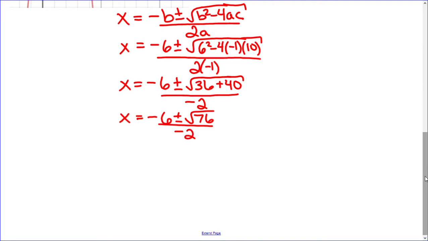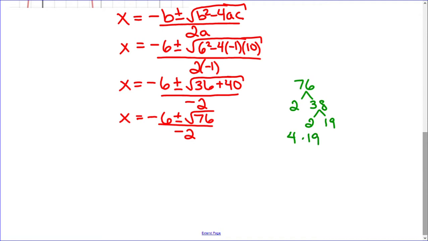Now in the last one we did some factoring with that root term to see if you could simplify it, and I encourage that you go through that step. So I'm going to do some prime factorization here and break apart 76. 76 breaks apart into 2 times 38, and then 38 can break apart into 2 times 19, which tells me that 4 times 19 gives me 76.